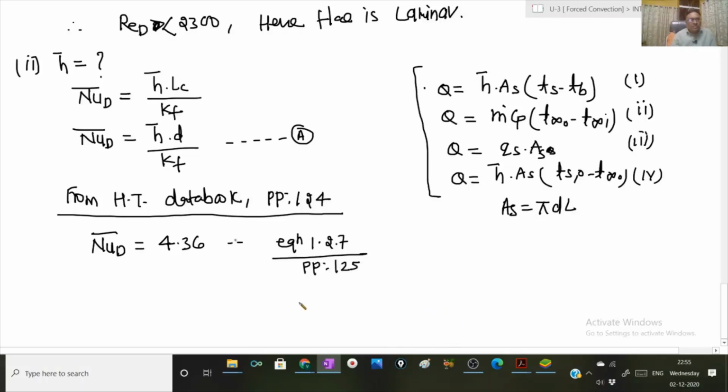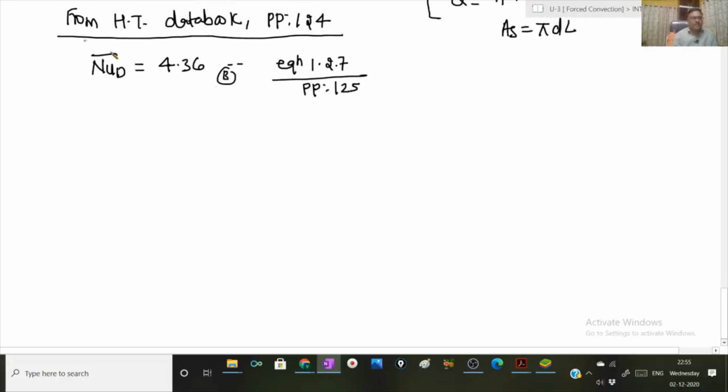Let's say this is equation number B. So from equations A and B, h bar times D over kf is equal to 4.36. The value of h bar is to be calculated.